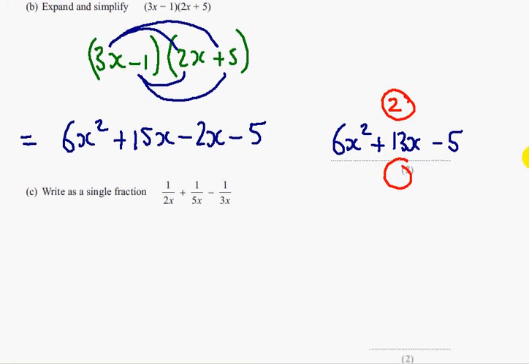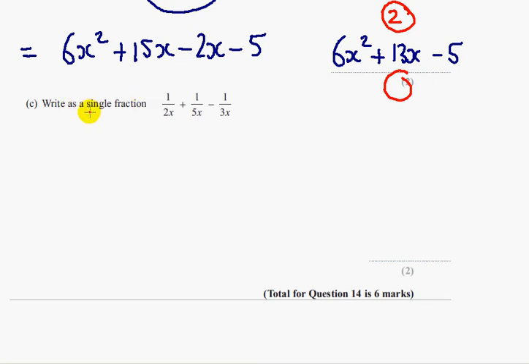Okay, so part C, write as a single fraction 1 over 2x plus 1 over 5x minus 1 over 3x. So you can only add or take away fractions with the same denominator, with a common denominator. And to get a common denominator, normally you can multiply these 3 together.